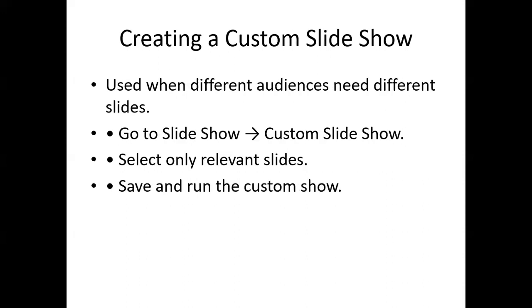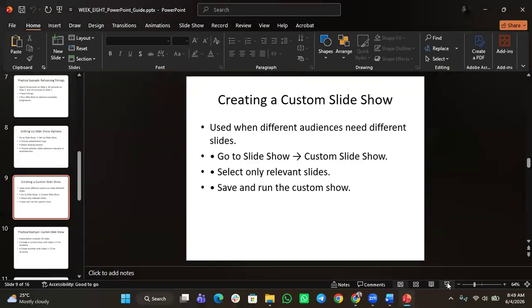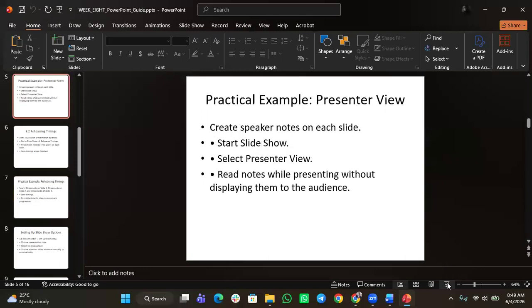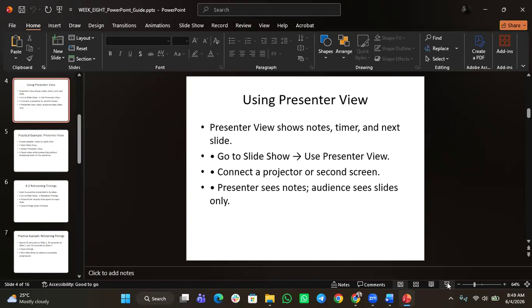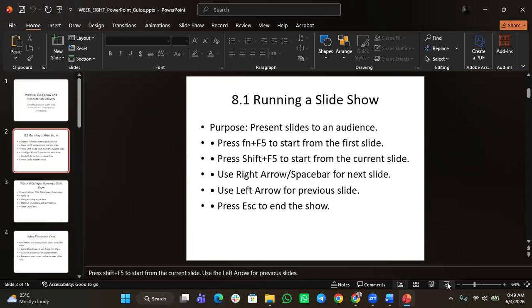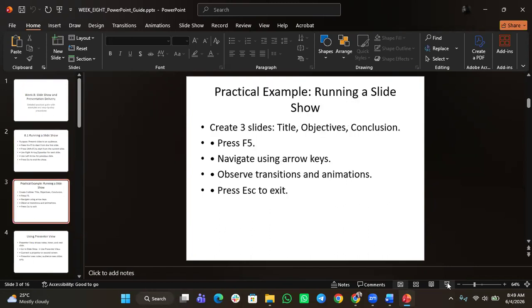So either the space bar, the enter key, or the right arrow key, it will move to the next slide. So use the left arrow for previous slide and then press escape to end the show. So if you want to end it, you press the escape.